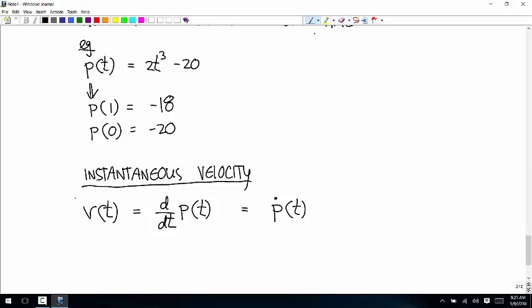Yeah, that's right. Primes are for an independent variable other than t. Dots are for t.